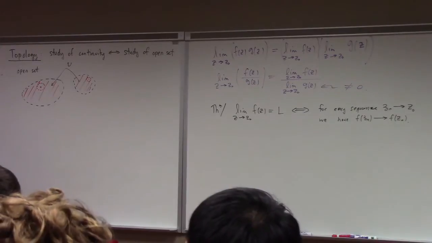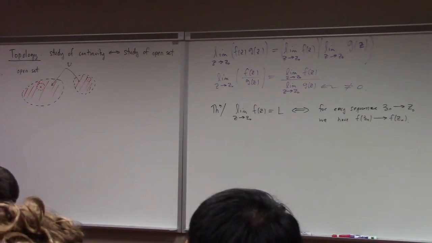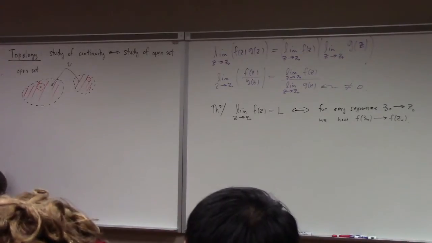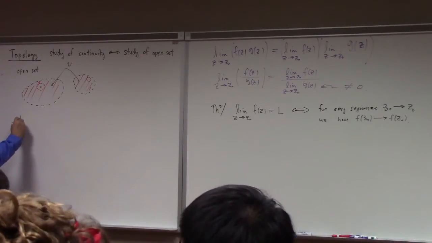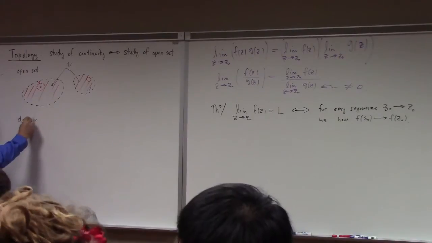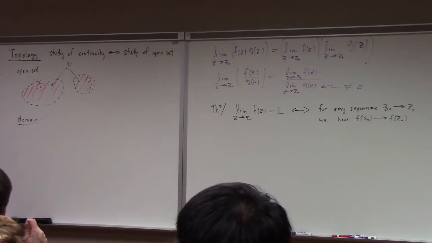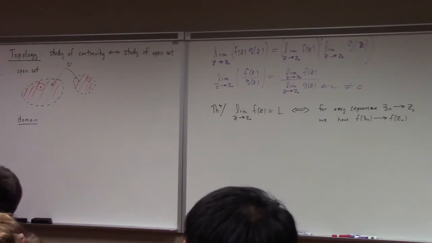So this is an open set, but this would not be what's called a domain. What's a domain? A domain is a word which we use with a technical meaning in this course, all right?